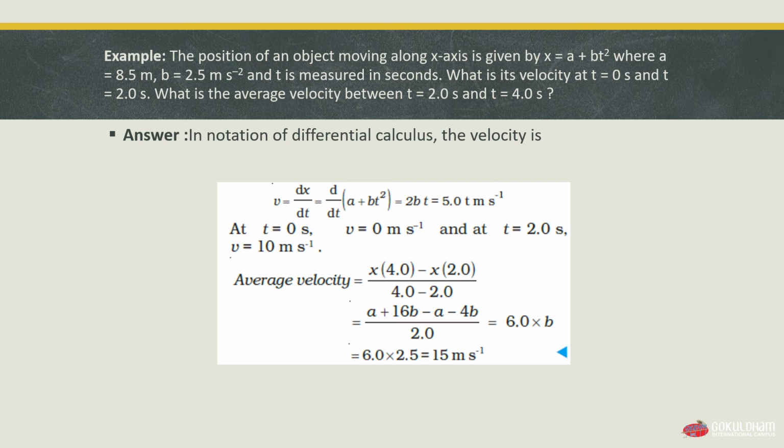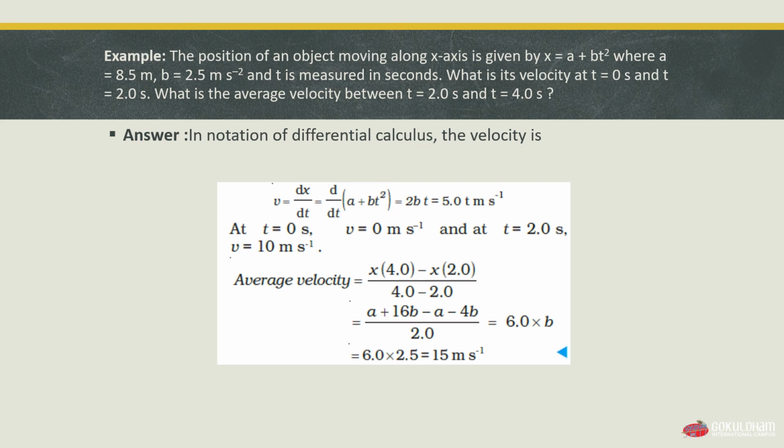So our average velocity between 2 seconds and 4 seconds will be 15 meter per second. Let us summarize: the velocity at t equals 0 will be 0, at t equals 2 will be 10 meter per second, and the average velocity between 2 seconds and 4 seconds will be 15 meter per second, as we have calculated here.